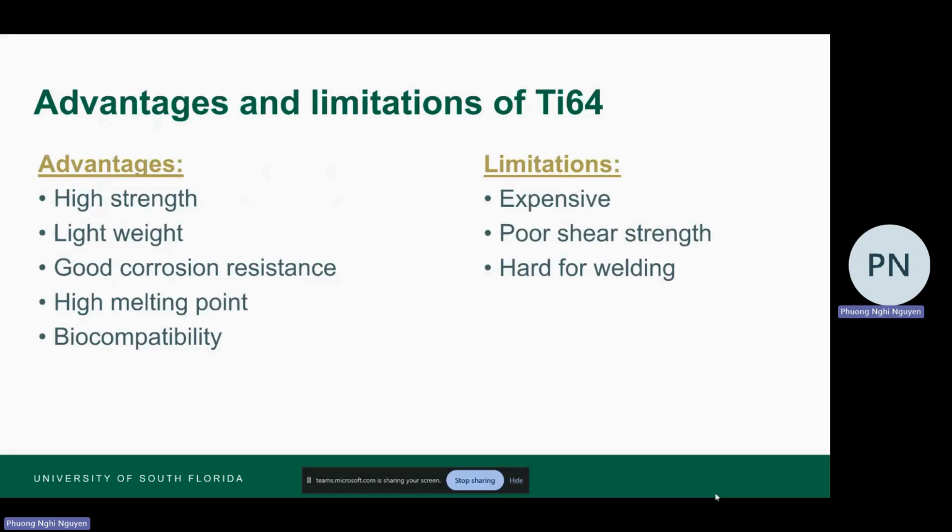The material is also good for corrosion resistance, it has a very high melting point, and Ti64 is also a biocompatible material. About the limitations, Ti64 is kind of expensive and it has a poor shear strength, as well as being kind of hard to weld, which requires some special technique.